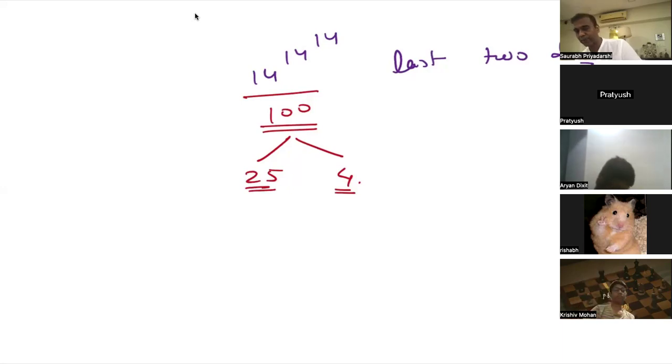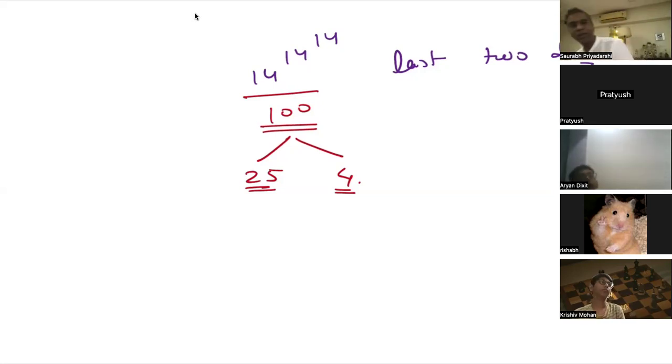See the method now. Yes, this is CRT, Chinese remainder theorem. But I'm not giving the name, and I'm not directly using the formula of the Chinese remainder theorem. Just through the question, I'm giving you an example of exactly how you have to solve it, right? So this is CRT only.